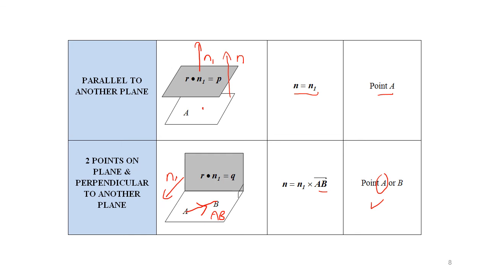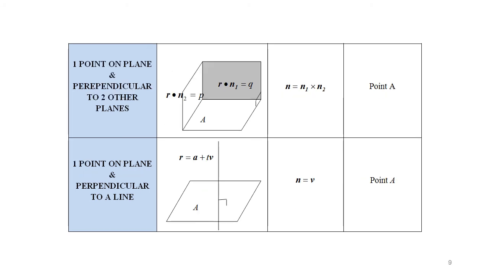If we do the cross product between N1 and our vector AB, then we will get our normal, that is N. Okay, so in short, to find out N, we have to do cross product between N1 from the other plane and also the vector AB, that is joining together the 2 points. So that would be our N.